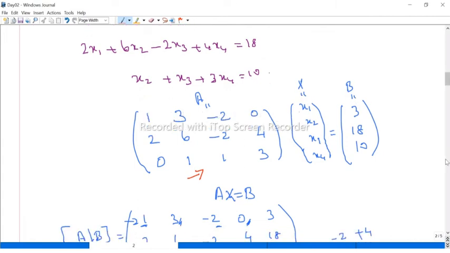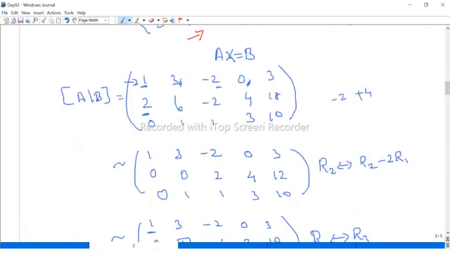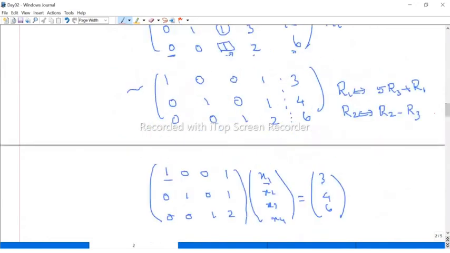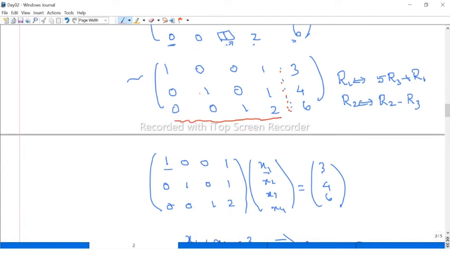Therefore, we reduce this matrix to row echelon form, leaving out the last column because this is an augmented matrix. Now we find the number of non-zero rows. The first row is non-zero, the second row is also non-zero. Yes, this is a row echelon form, right? So we have three non-zero rows.